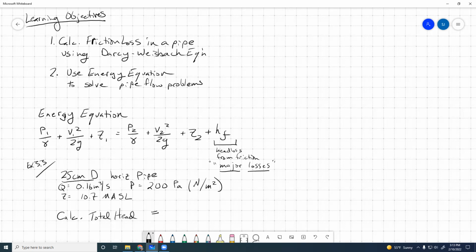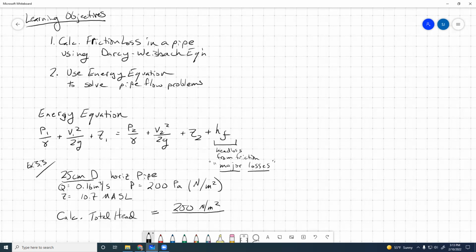Okay, so for the total head, all we're doing is plugging in some numbers here. We've got to mind our units, but the units are pretty friendly. We're keeping everything in newtons and meters. So 200 newtons per meter squared.